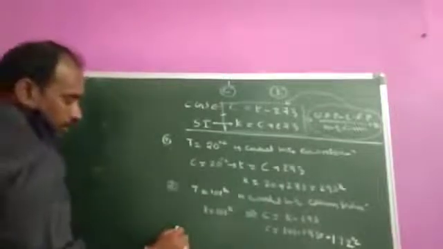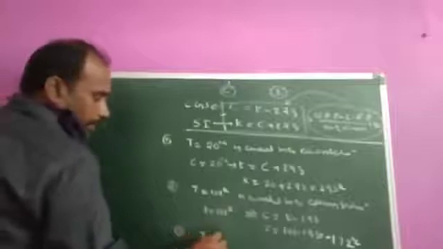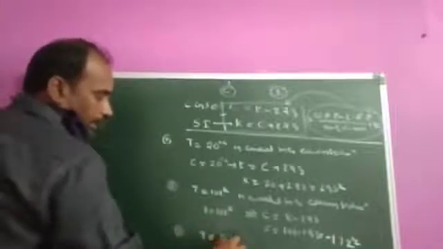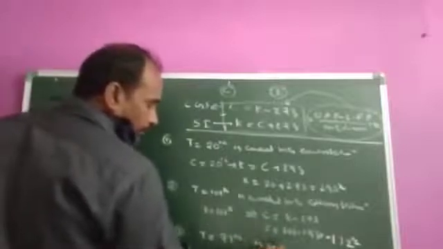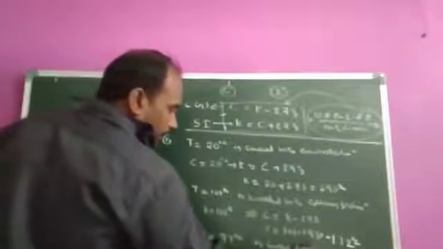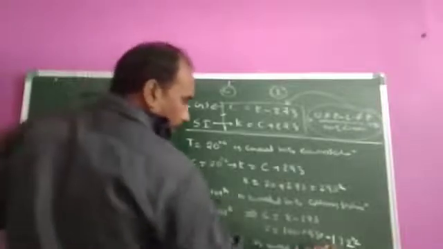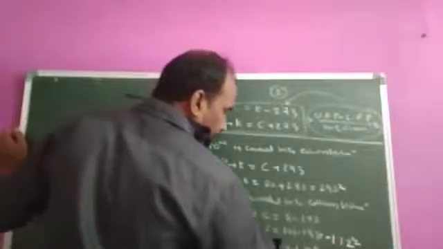And another one, the third one. For example, temperature is equal to 97 degrees Celsius, converted into the Kelvin scale.